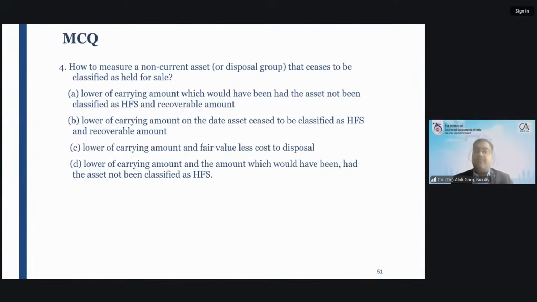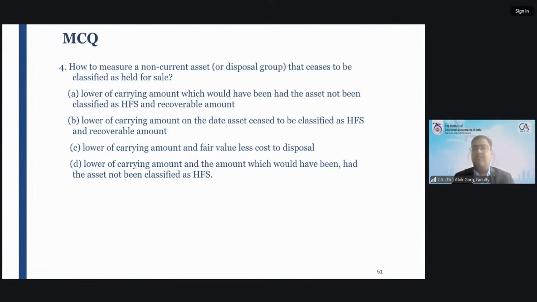Question number 4. How to measure a non-current asset or disposal group that ceases to be classified as held for sale? A: lower of carrying amount which would have been had the asset never been classified as held for sale and recoverable amount. B: lower of carrying amount on the date the asset ceases to be classified as held for sale and recoverable amount. C: lower of carrying amount and fair value less cost to sell. D: lower of carrying amount and the amount which would have been had the asset not been classified as held for sale. In case of change of plan, what is the right answer?